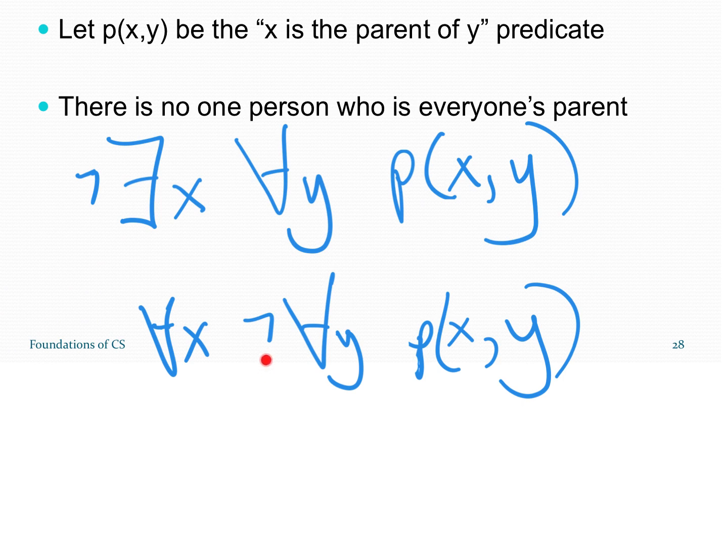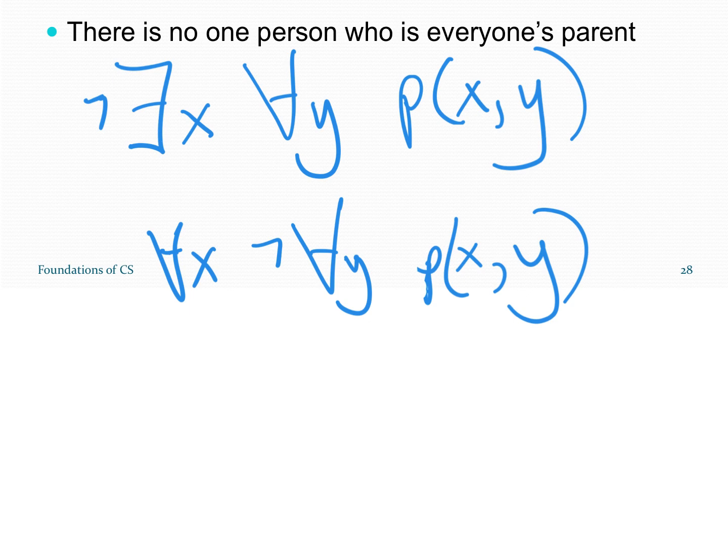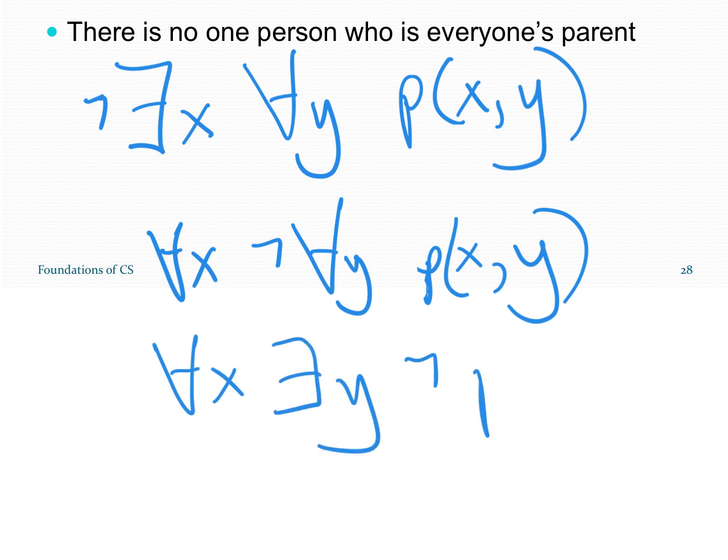And lastly, we can push this not through again and see that it still makes sense that we have the same meaning even though we do that little De Morgan's trick. So if I have for all X, I'm pushing the not in, so I'm going to do there exists a Y such that not P X Y, right? So my statement was there's no one person who's everybody's parent.